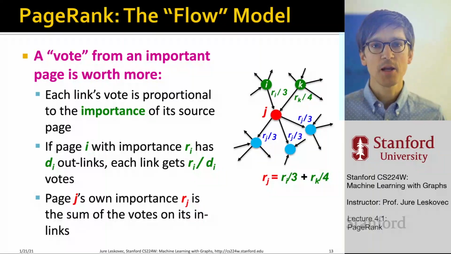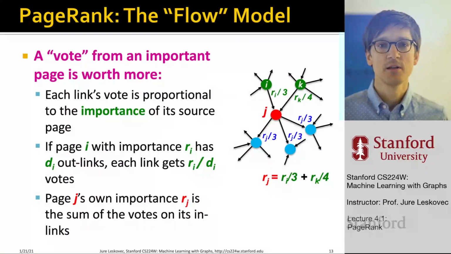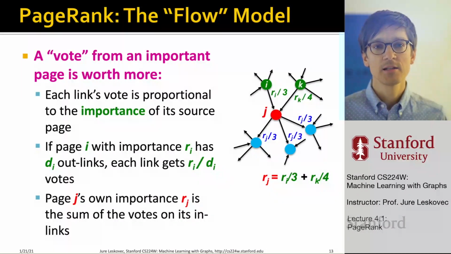So if a page i has importance r_i and it has d_i outlinks, each link gets r_i divided by d_i votes. Essentially every page has some importance, and then its importance gets equally split along its outlinks. In this example, k has 4 outlinks, so it splits its importance 4 ways, and 1/4 of it flows along this edge.